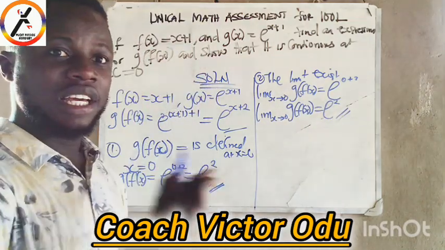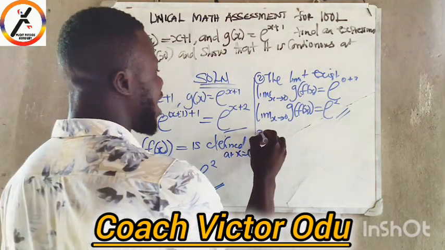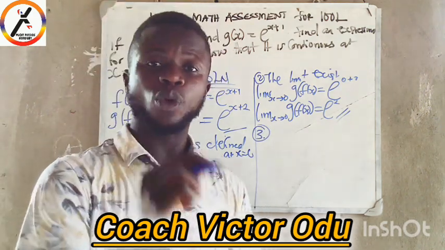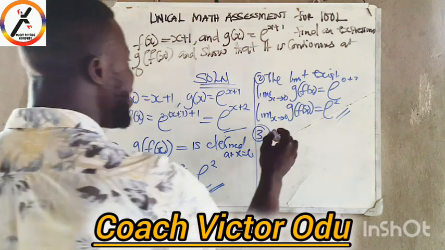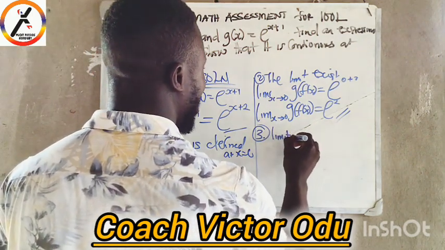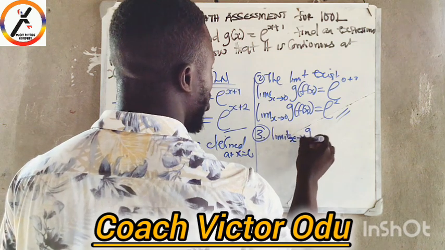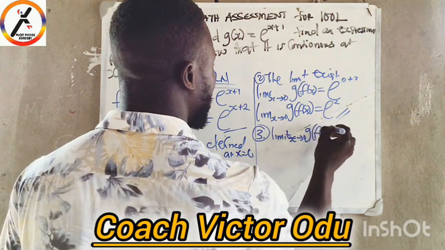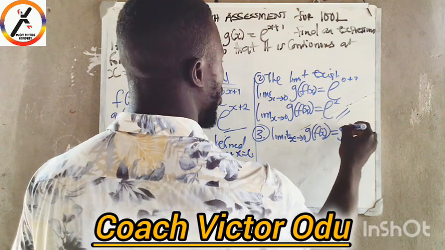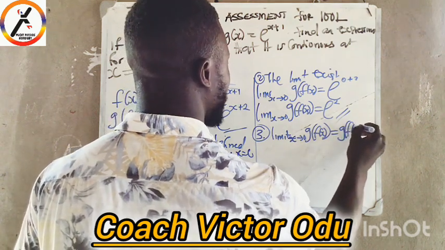It is ticked off. The last condition that must be met for a function to be continuous is that the limit as x tends to 0 of g of f of x must be equal to g of f of 0.